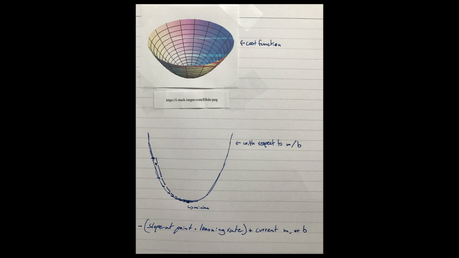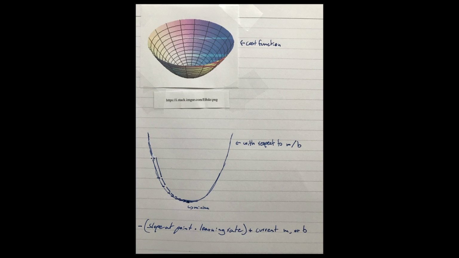This slope is pretty steep, and we multiply it by this learning rate. This learning rate is usually a small value. You play around to get the most ideal learning rate, and then we just add the negative value because we're stepping down. So it's kind of just subtracting from the current m or b value.